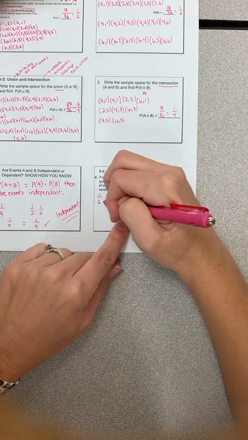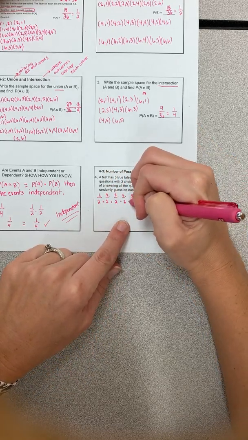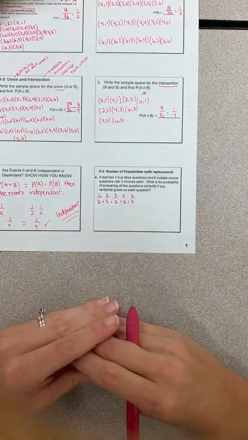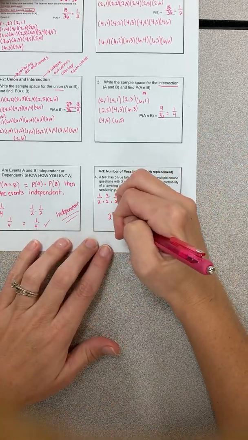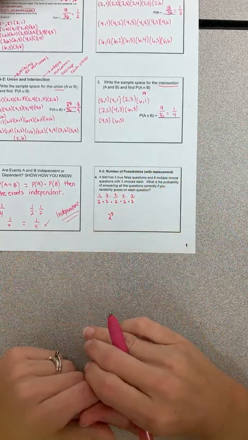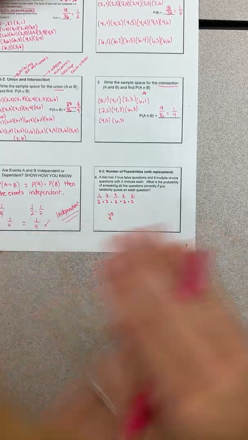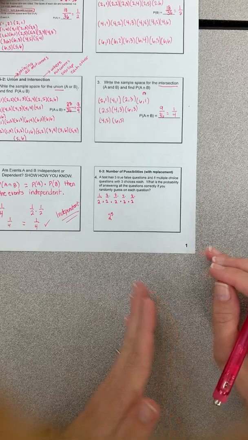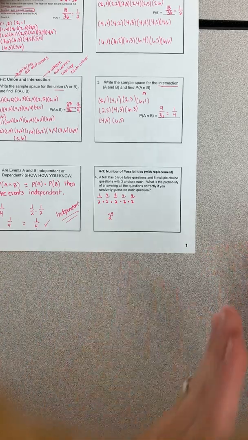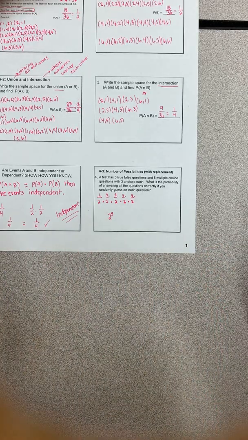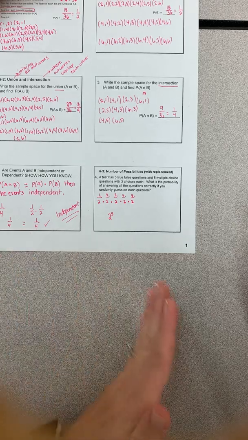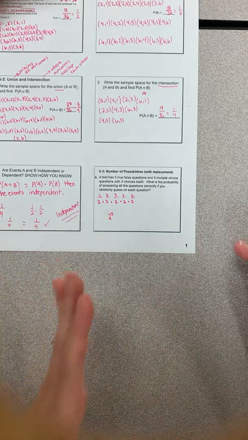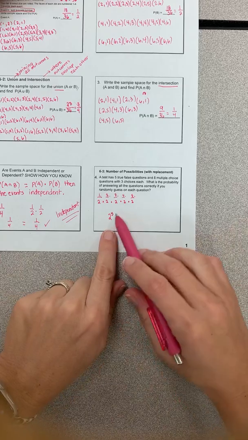And we're going to multiply these together to know that there are this many, 2 to the 5th power. That's how many ways that we can put those in order. It could be true, true, true, true, true. It could be true, true, true, true, false. It could be false, true, true, true, true. It could be false, false, false, false, false. I mean, there's 2 to the 5th power.